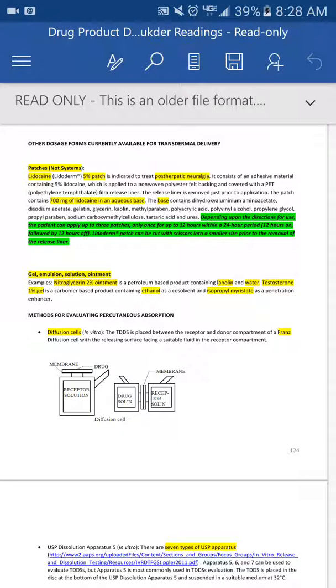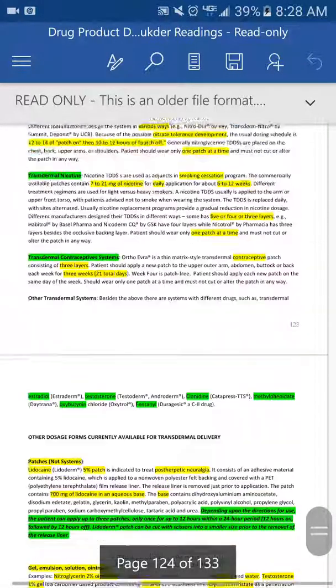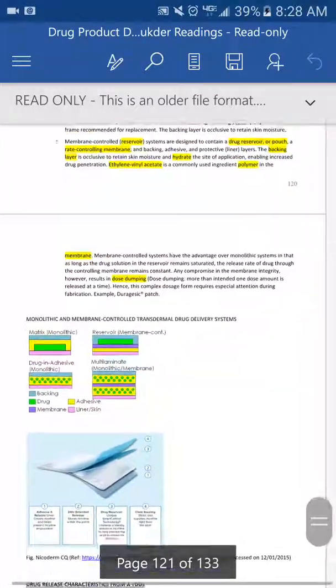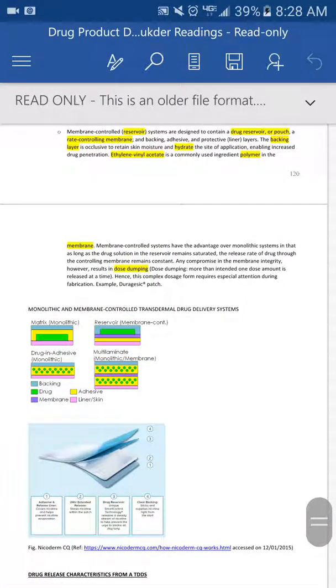So yeah, it's just a backing and adhesive, and the drug's in the adhesive. There's no other layer there. That's exactly how a monolithic system is.